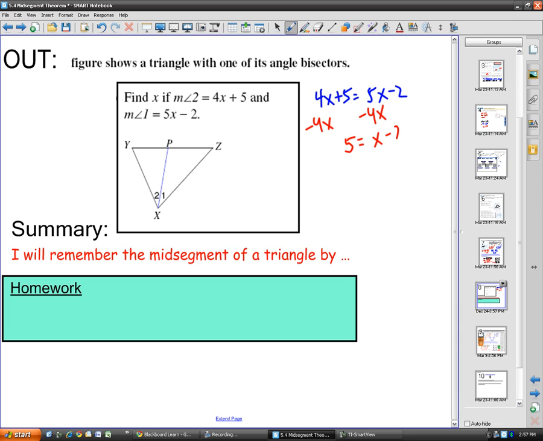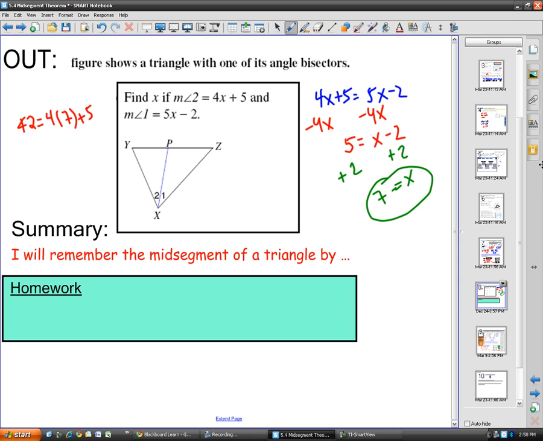Well, that's not the answer. That's just what x is. That's just part of it. If I want to actually find out what the measure of each angle is, angle 2 is going to equal 4 times 7 plus 5. Angle 1 is going to be 5 times 7 minus 2.